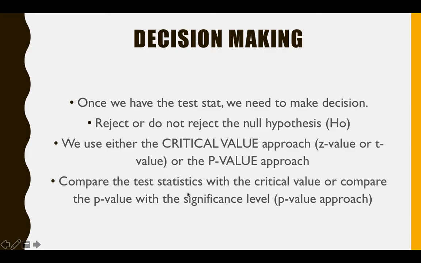Or if you want to use the p-value approach, you should compare the p-value with the significance level. And this is called the p-value approach. So remember, there are two methods that you can use to make a decision on whether to reject or not to reject the H0. The first method is known as the critical value approach, and the second method is known as the p-value approach.